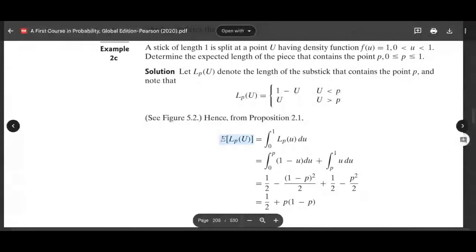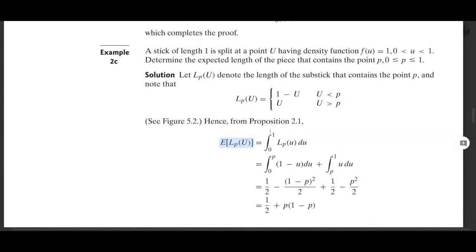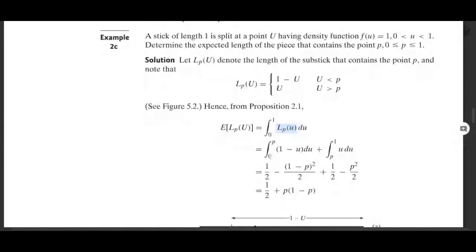Then we can use the little lemma or the proposition saying the expected value of LP is defined from 0 to 1 of LP of U. So we split it into two parts, right? Because at point P, we'll have this.